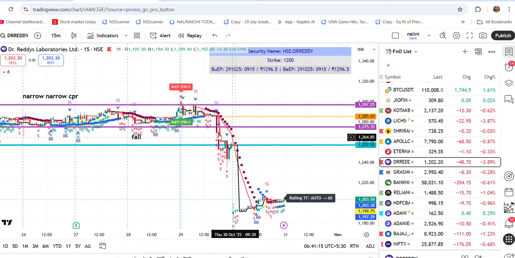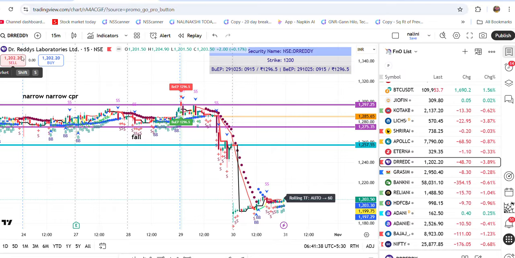Even on the day of 29th, you are seeing episodic pivot high and low. When it starts breaking below the high low of this episodic pivot, you could have taken a put option. For example, let us check what has happened to the put option. 1291 put option.